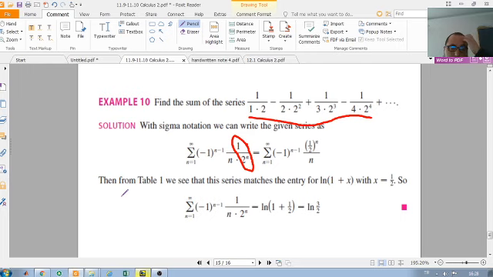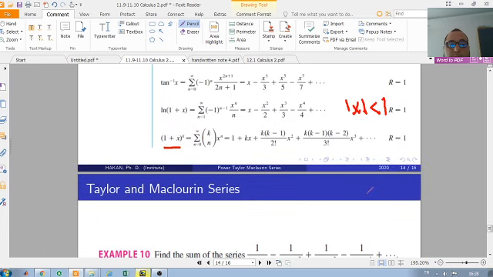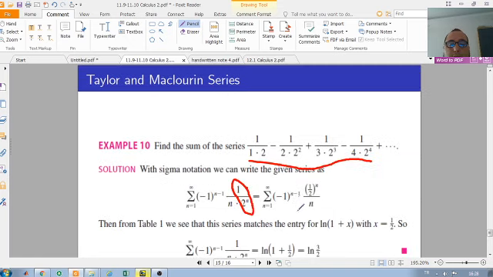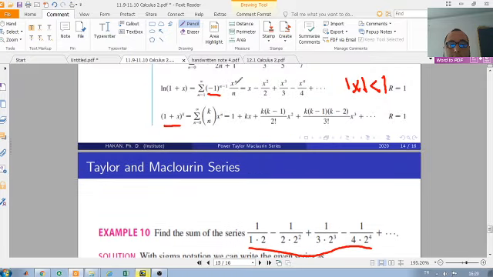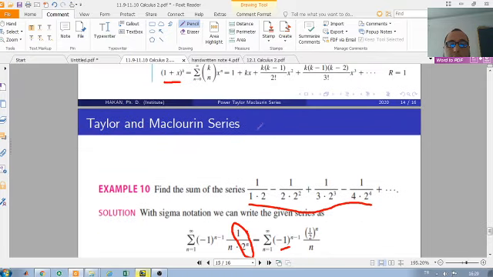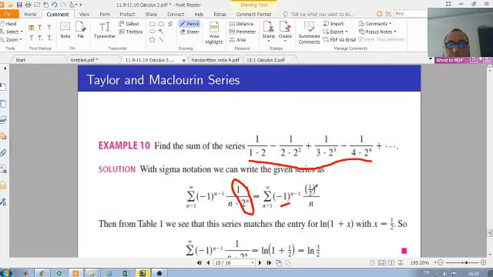So then from table 1 we see that this series matches the entry for ln(1 + x) with x equal to 1/2. When we look at the formula for ln(1 + x), we see (-1)^(n-1) and x^n over n. Instead of x, we have (1/2)^n over n.